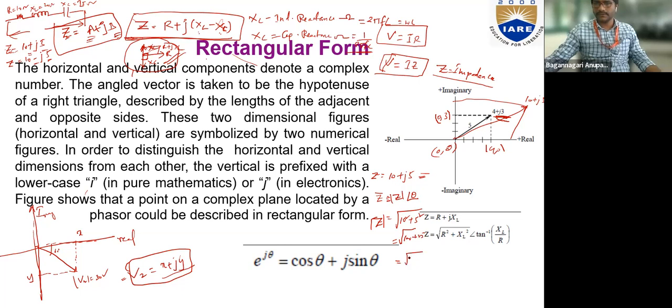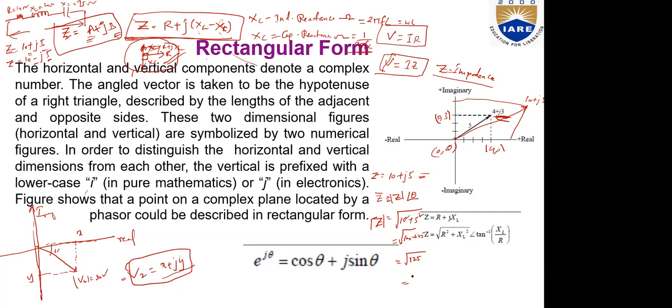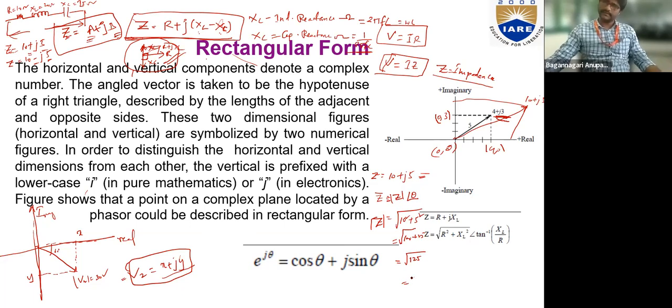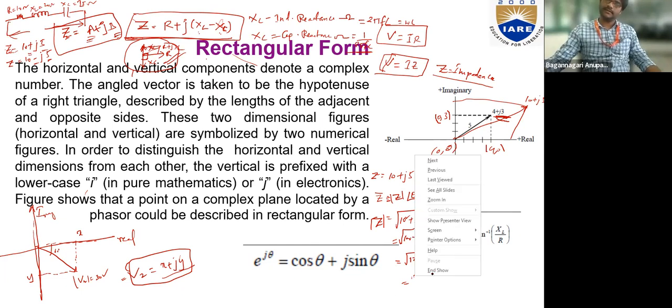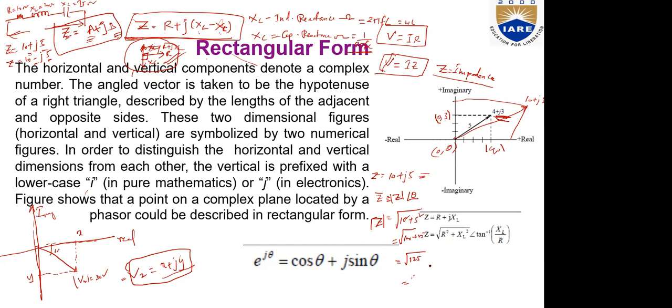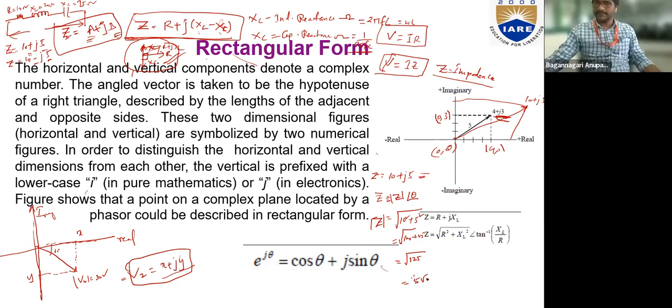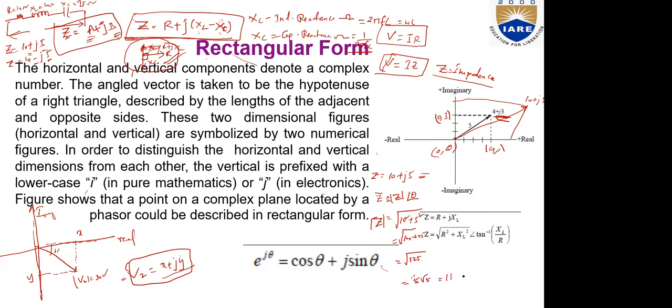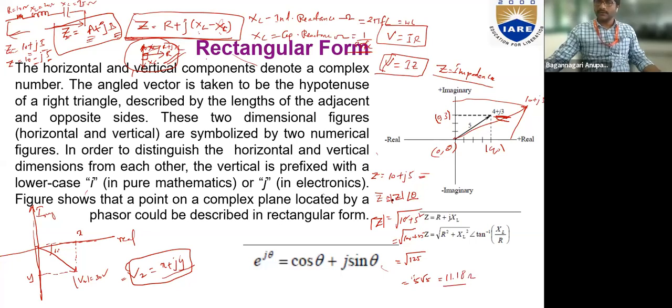What's the value you are going to get? 5 into 5 into 5, 125, so 5 cube. Sorry, my bad, sir. Yes, it's 5 root 5. What's the value? 11.18 ohms, right? So you got the magnitude.